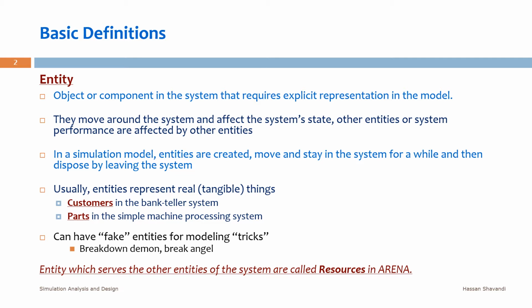So, for example, in a bank, customers are entities. They come to the bank, they move around the branch, and then they stay for a while. They take the service, and then they leave the bank, right?